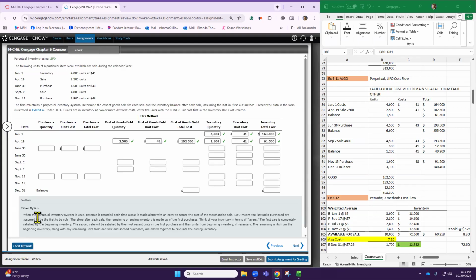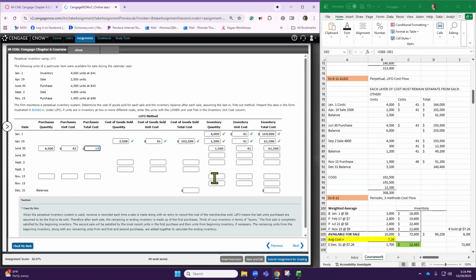Okay, but now we're going to make another purchase. But before we do, let's restate our last balance in the $41 cost layer. Because now we're going to add another layer of cost. 4,500 units at a cost of 43. Okay, that's pretty close to 41.